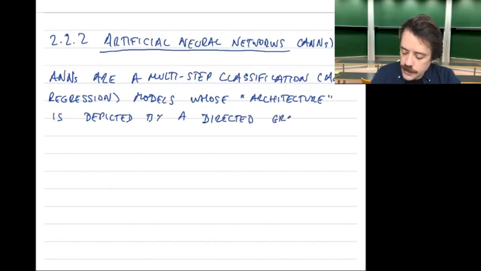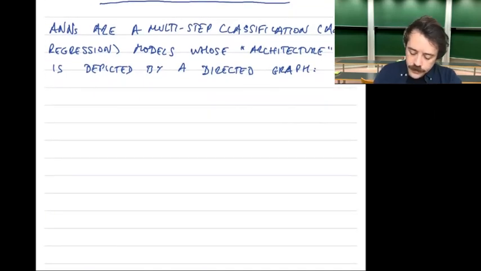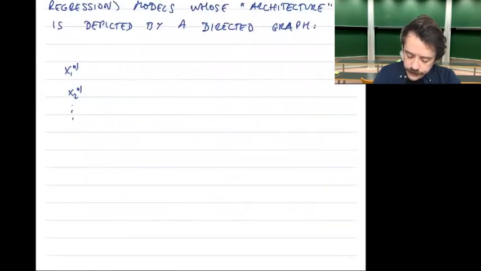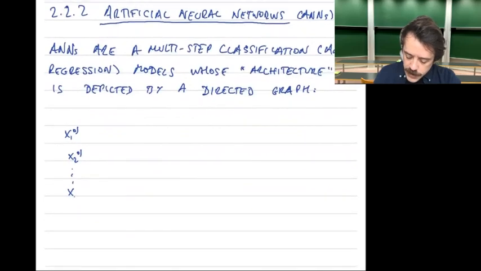Okay, so let me give you an example so that we're on the same page. We're going to begin with writing the nodes that we have. So this is x1 naught, x2 naught, and so on, up to x p naught.